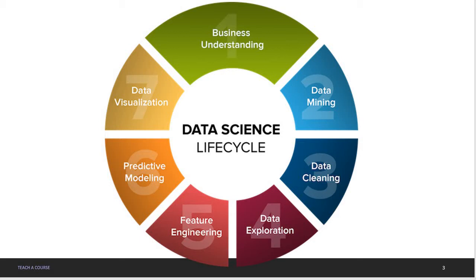One thing I want to make clear is, though we have number 1 to 7, it doesn't usually follow this order. Understanding the business is something you do throughout the entire project. And even when it comes to data visualization, the data exploration or data cleaning or feature engineering, these are processes that you might have to do all the time throughout the entire life of a project.